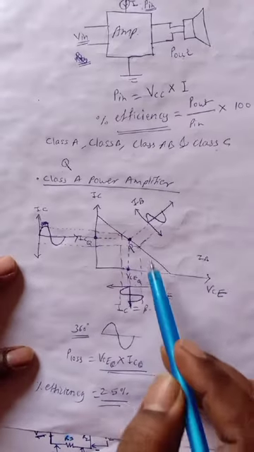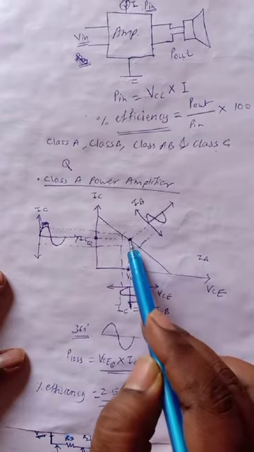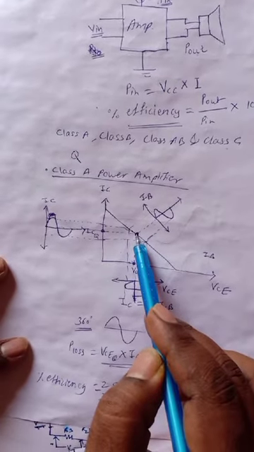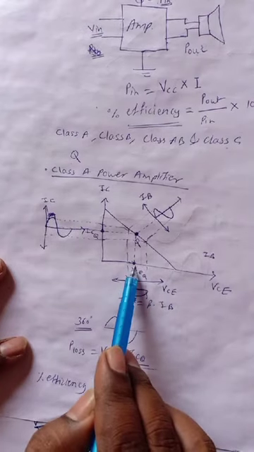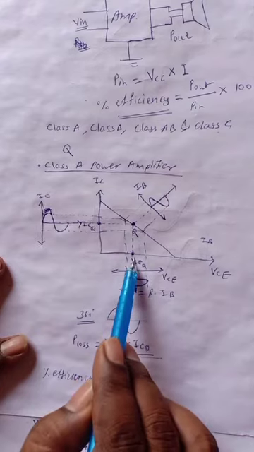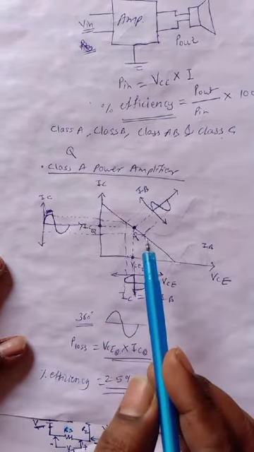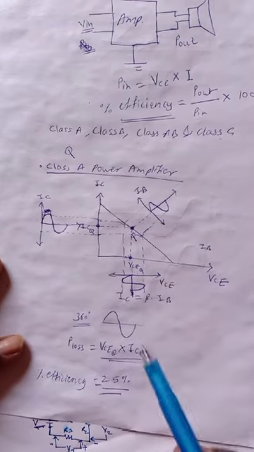So the drawback of this class A is when there is no input voltage, Q point is at the center of the load line, and we have VCEQ and ICQ. So this is the current and voltage that are used by the transistor when there is no input voltage.